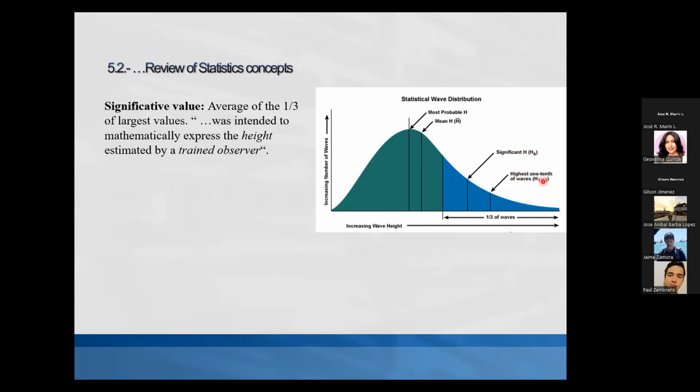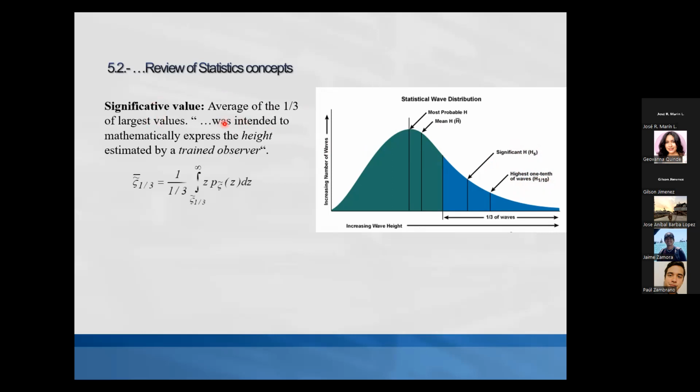Again, you have to consider how many results are the 1/10 of the total, and from this 1/10 of the largest, you take the average. So this is another parameter that can be employed to evaluate the response. Okay, but let's go back to the significant value.